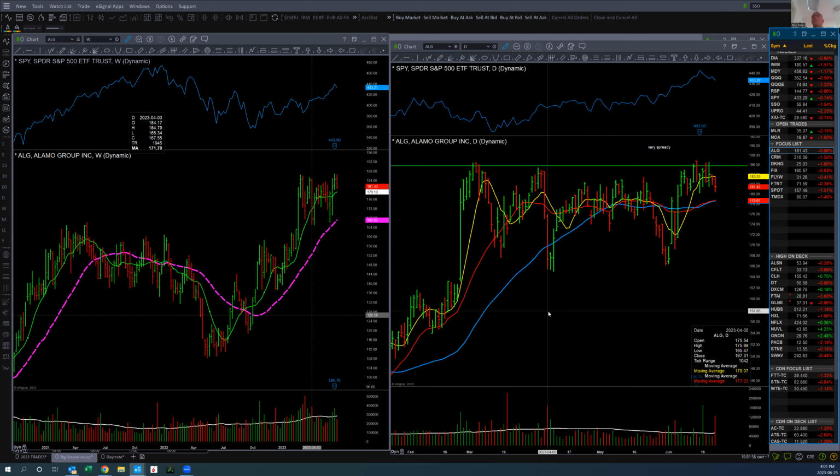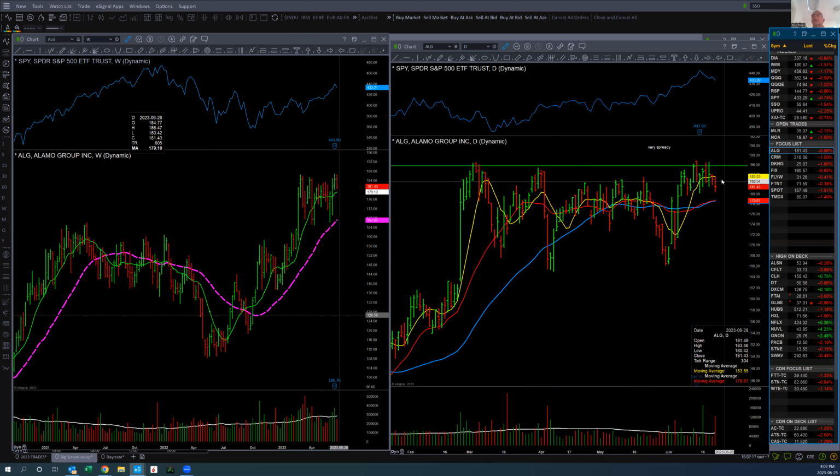Good pattern. It keeps bumping up against this $186 level and then gets rejected. So there's obviously some supply up here. This pullback was a little too deep. And now we've pulled up here again and got slightly rejected, but these pullbacks are getting shallower.